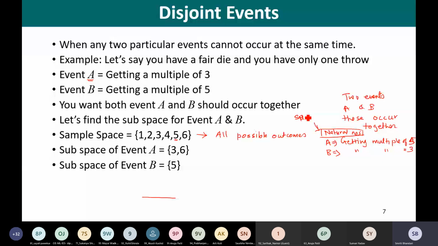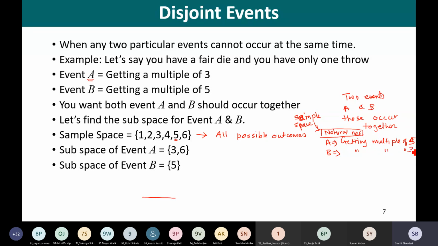So it depends on my sample space. What is my sample space? My sample space is the entire set of natural numbers. Now, in the earlier example, our sample space is restricted, and that is why in this scenario, events A and B are disjoint events.